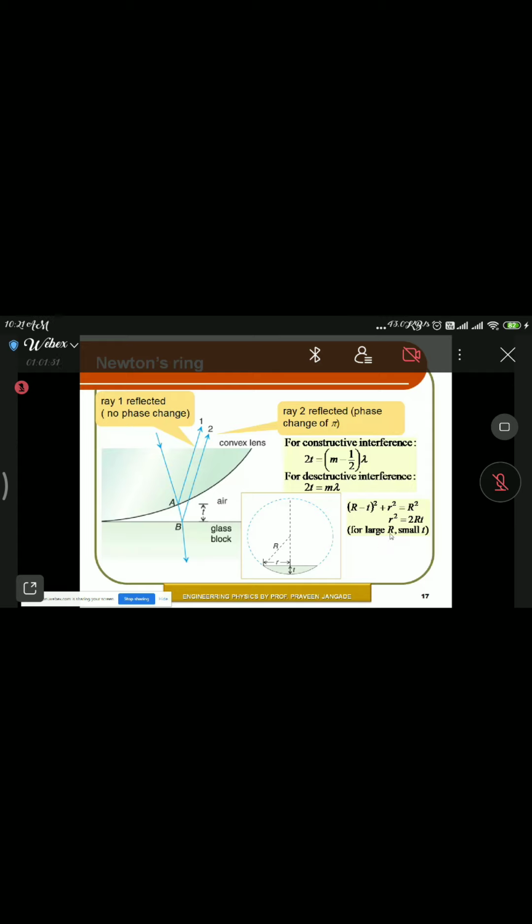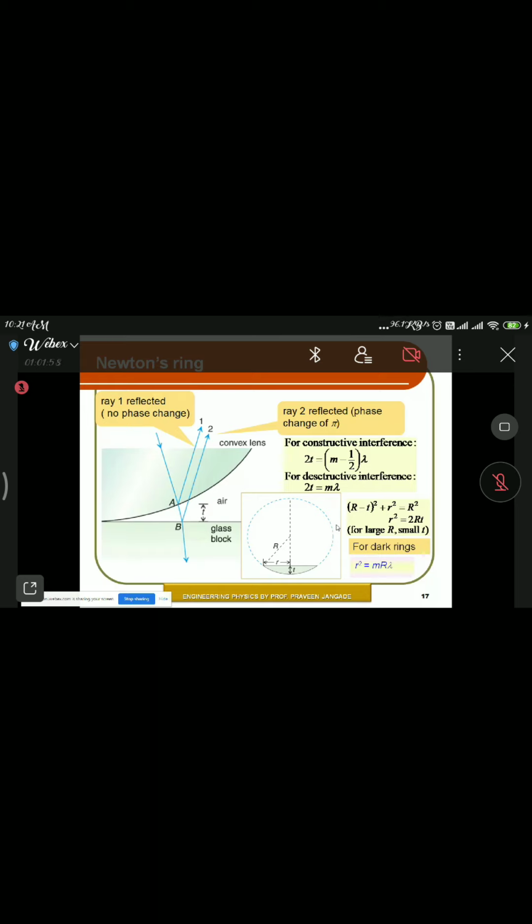For large R and small t, 2Rt is very much greater than t square, so t square can be neglected, and you can get the radii of the dark ring. For the radii of the dark ring, r square comes out to be m R lambda.